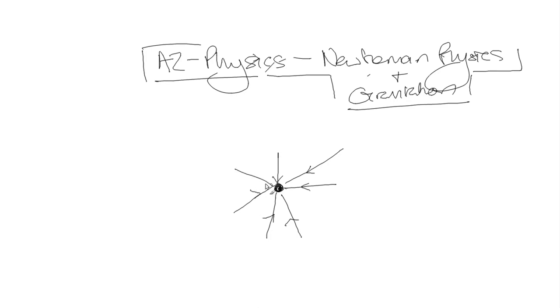And any mass that's in that gravitational field will experience this force pulling towards it. Basically, a gravitational field is a field whereby if you place a test mass, it will experience a force.